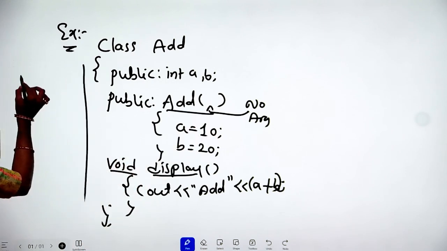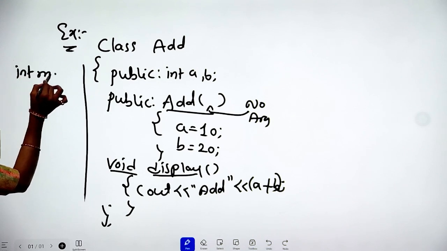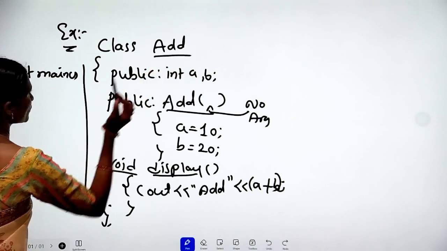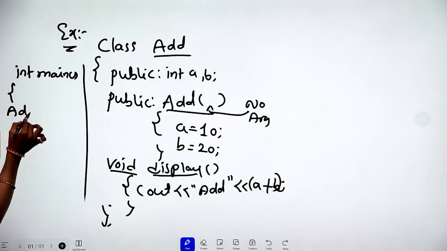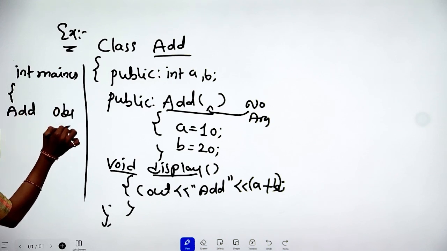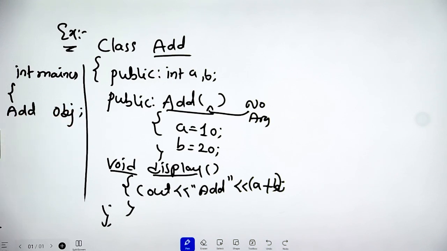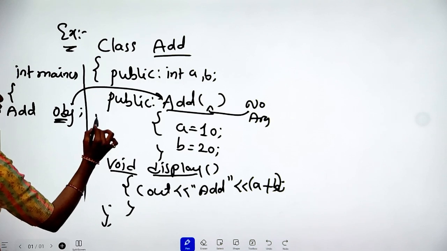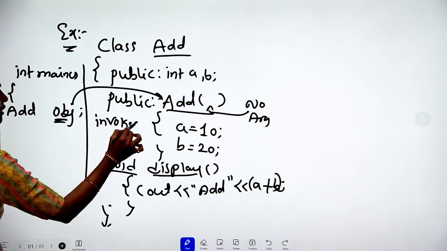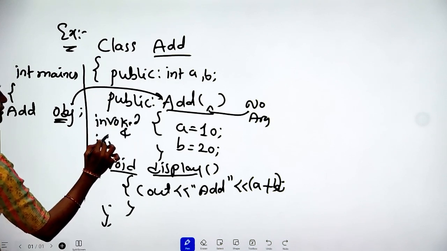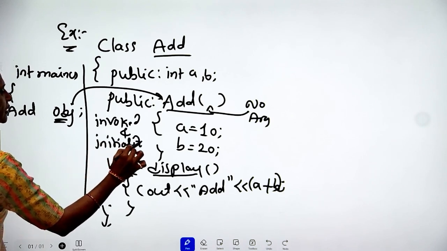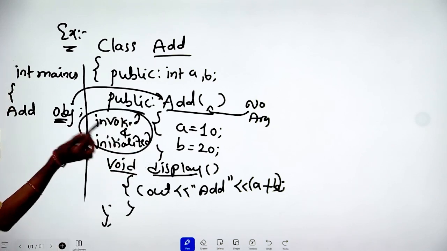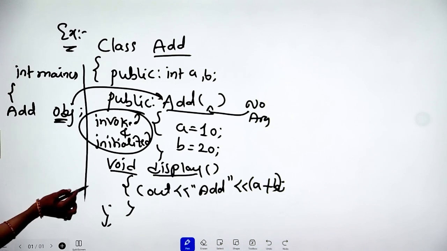Now we are going to create the main function. We are creating the object for the given class. The class name is the same, and we are creating the object. This object is automatically invoked, and the constructor is automatically called when the object is created. Now A value becomes 10 and B value becomes 20.